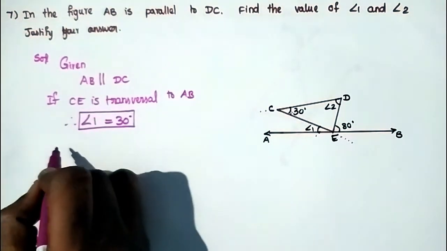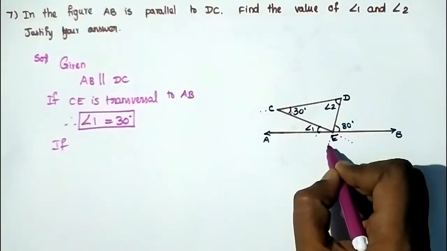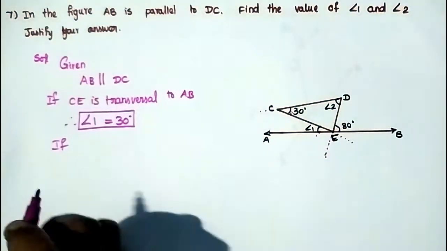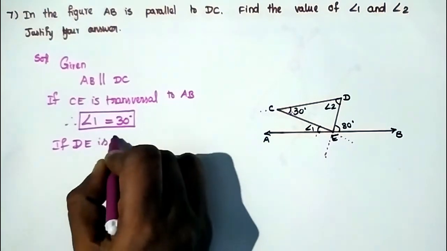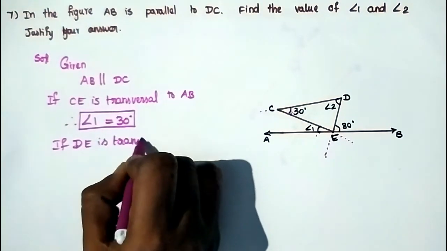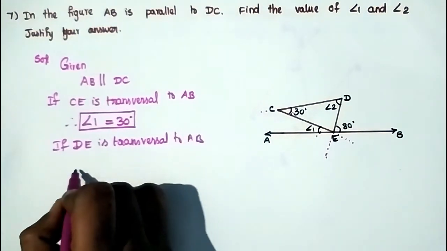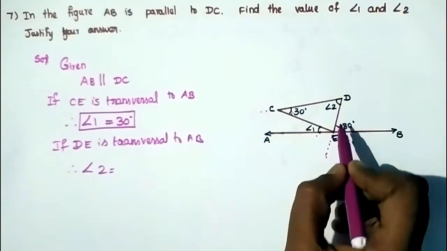Next one, listen here, DE is extended, which means DE is the transversal. If DE is a transversal to AB, then angle 2 equal to 80 degrees.